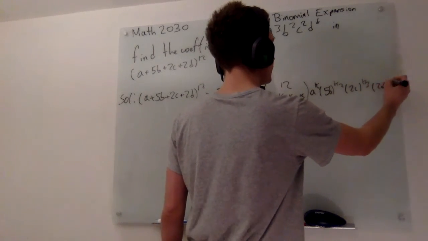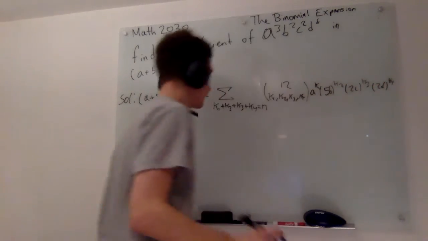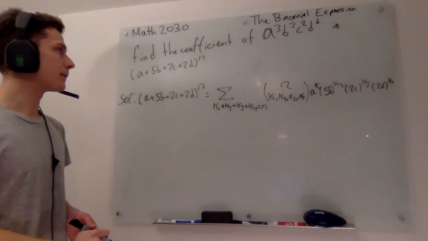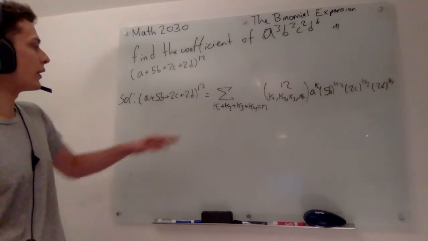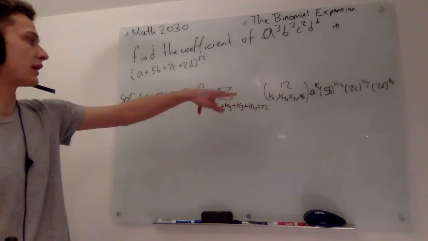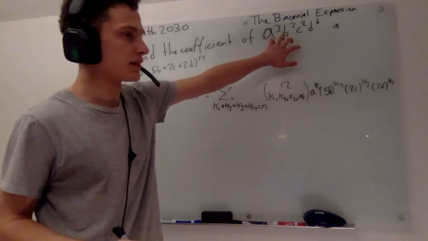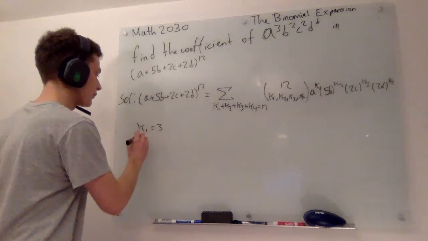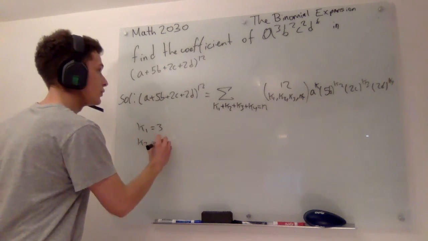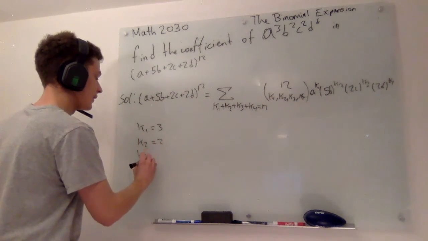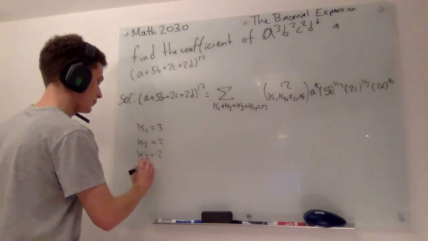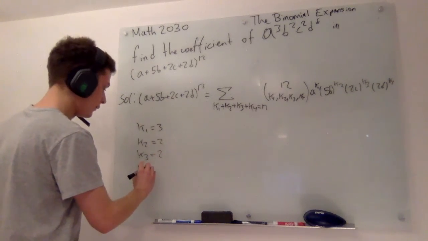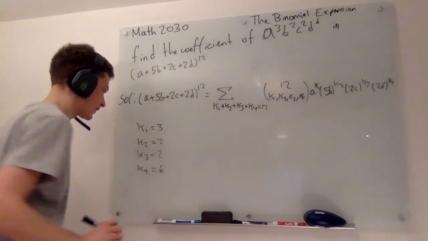And 2d, we're choosing k4. Okay, so in the question, we are given k1, k2, k3, and k4 in this expression here. So k1 is equal to 3, k2 is equal to 2, k3 is equal to 2, and k4 is equal to 6.